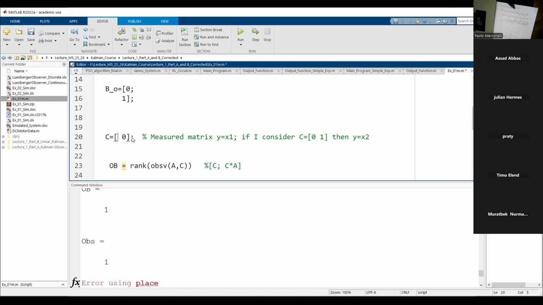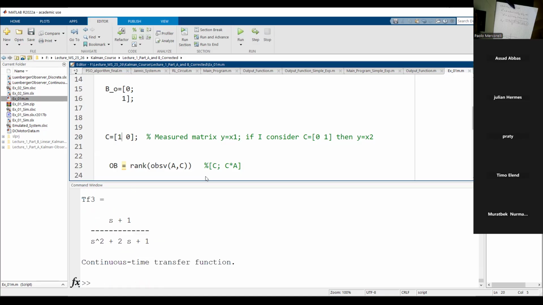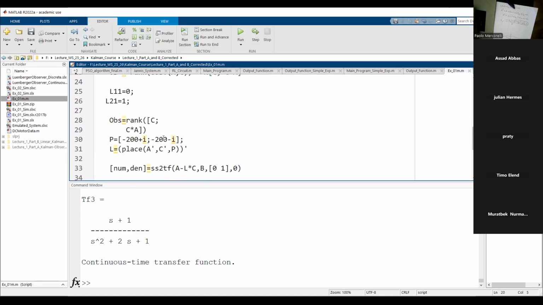Let me analyze this. Let me build the observer in the case of observability. Look, at this moment forget this; we will see it next week before starting the Kalman filter. P is the vector of the new eigenvalues.